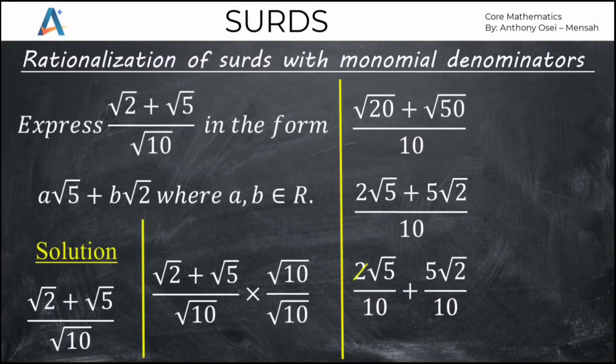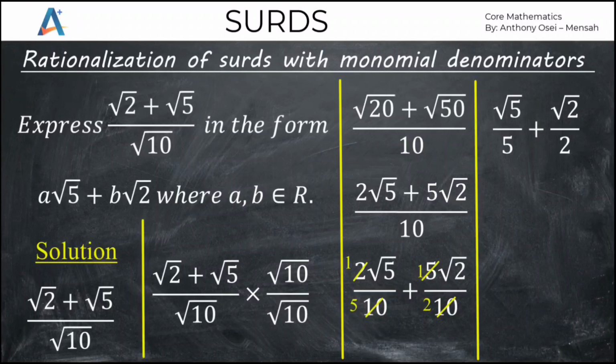Now 2 goes into 2 one time, 2 goes into 10 five times. Then also 5 goes into 5 one time and goes into 10 two times. Here we can simplify as root 5 over 5, then plus root 2 over 2.